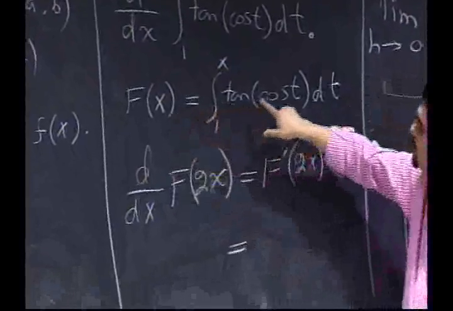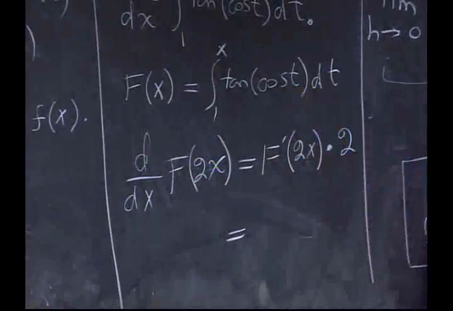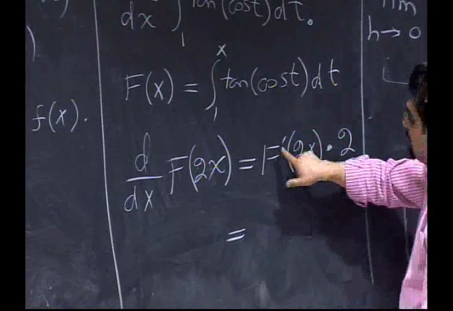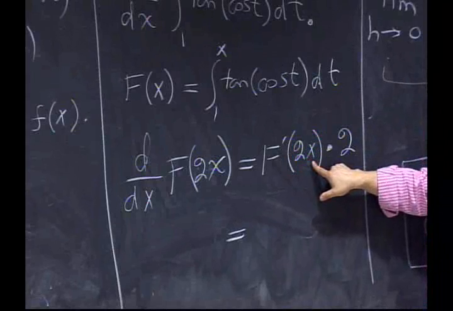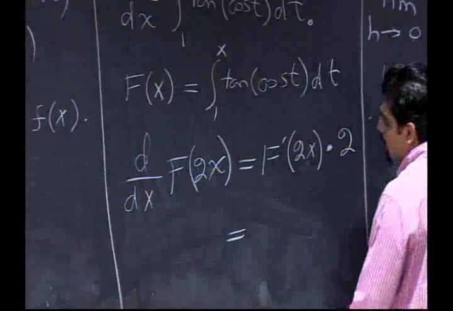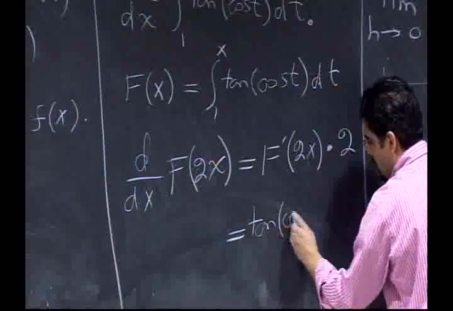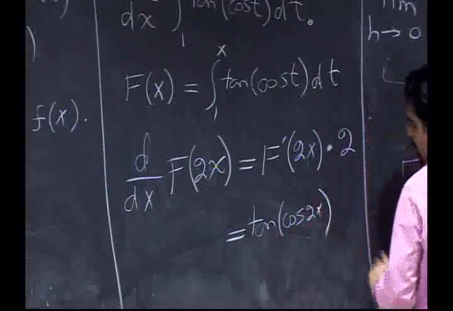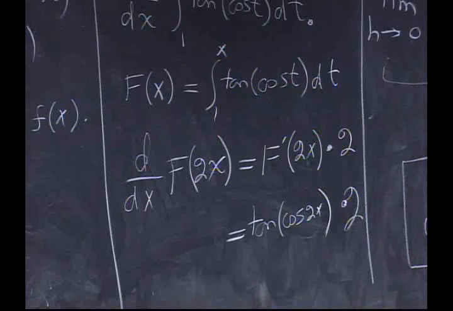F prime is just tangent of cosine x. But I want not f prime of x, I want f prime of 2x. So that would be tangent of cosine 2x. And then we have times 2 over here.